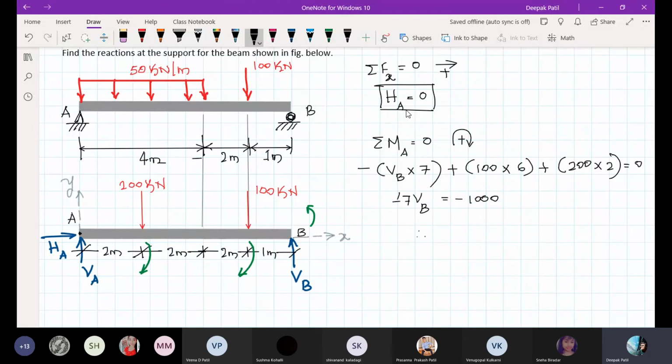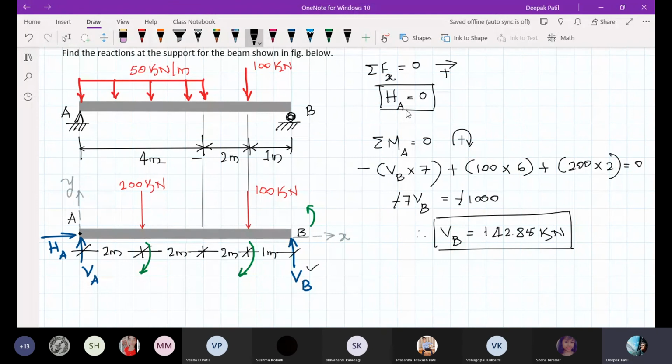So this minus and this minus will cancel, and you'll get VB as 1000 divided by 7, which comes out to be 142.85 kilonewtons. That is the value of the VB reaction.